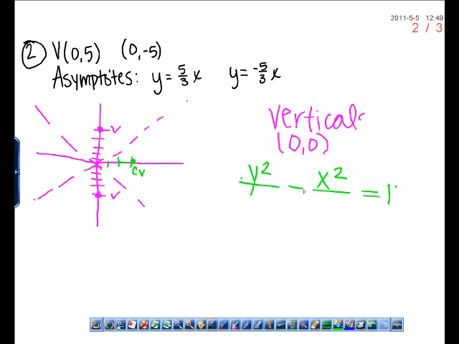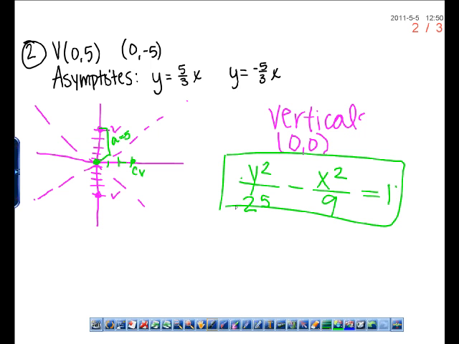That's my a value. What's my a value? My a value is 5 because from the center to my vertex is 5. So under y squared is 25. My center to my co-vertex is my b value. What's my b value? 3. So what goes under here? 9.